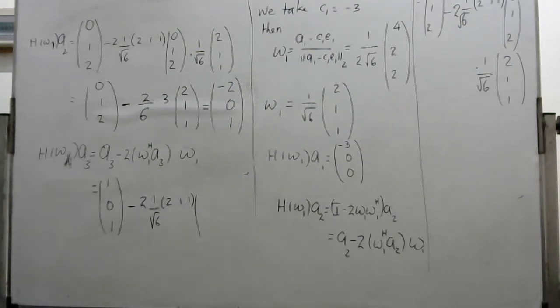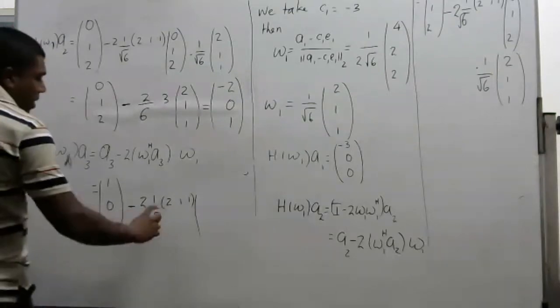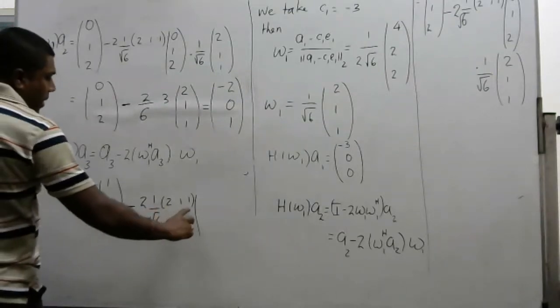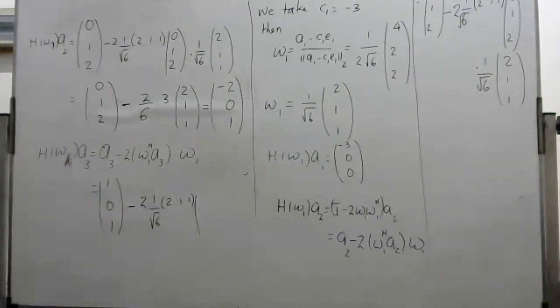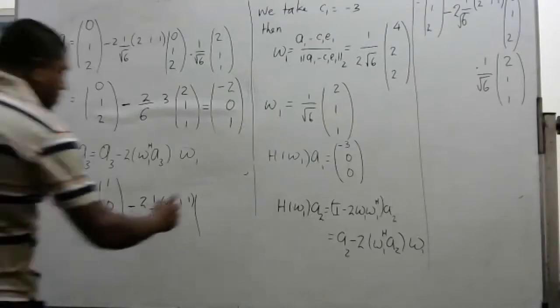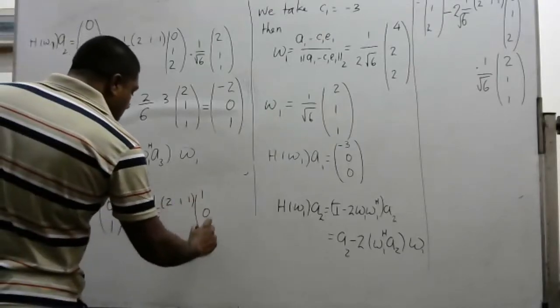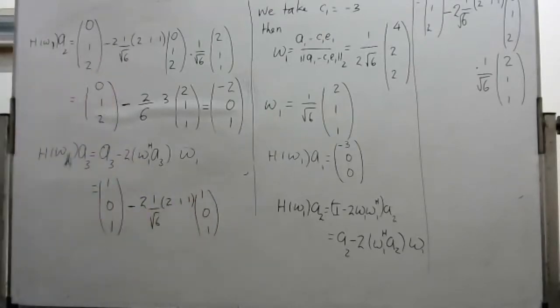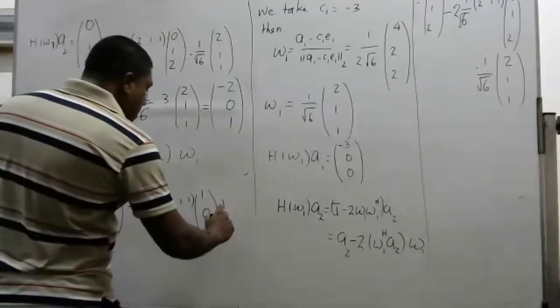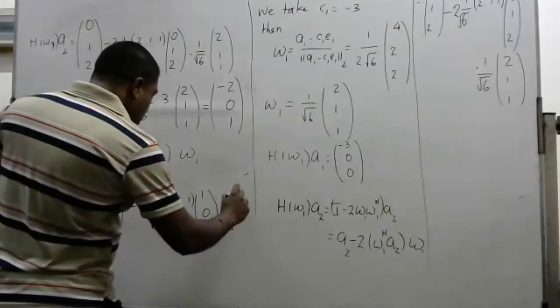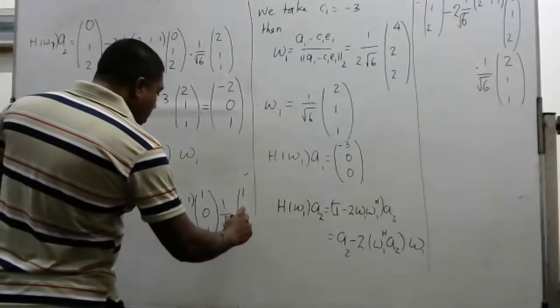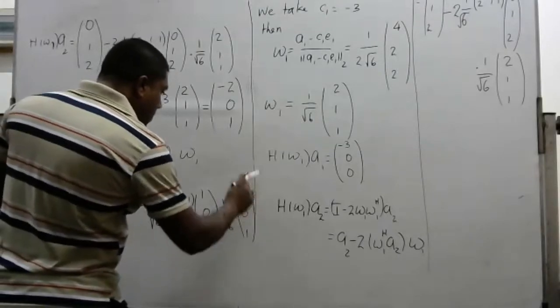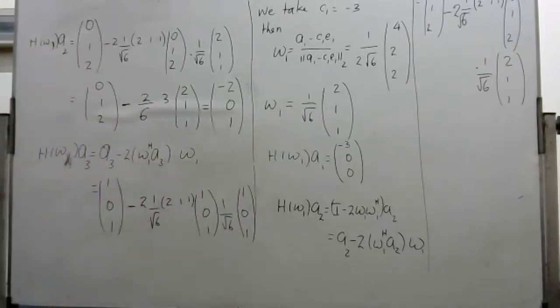Okay, so this is 1 over square root of 6 of 2, 1, 1 and A3 is 1, 0, 1, and omega 1 is again 1 over square root of 6 of 2, 1, 1.